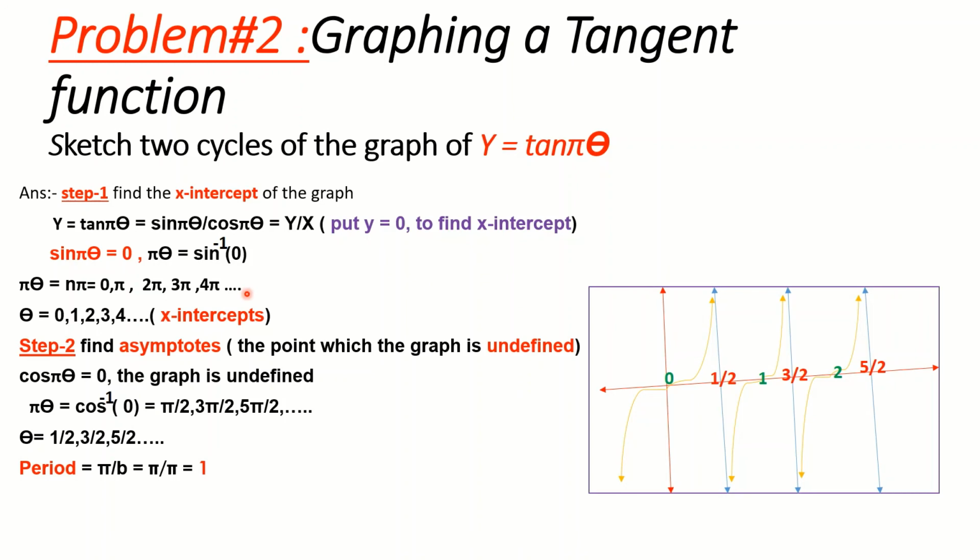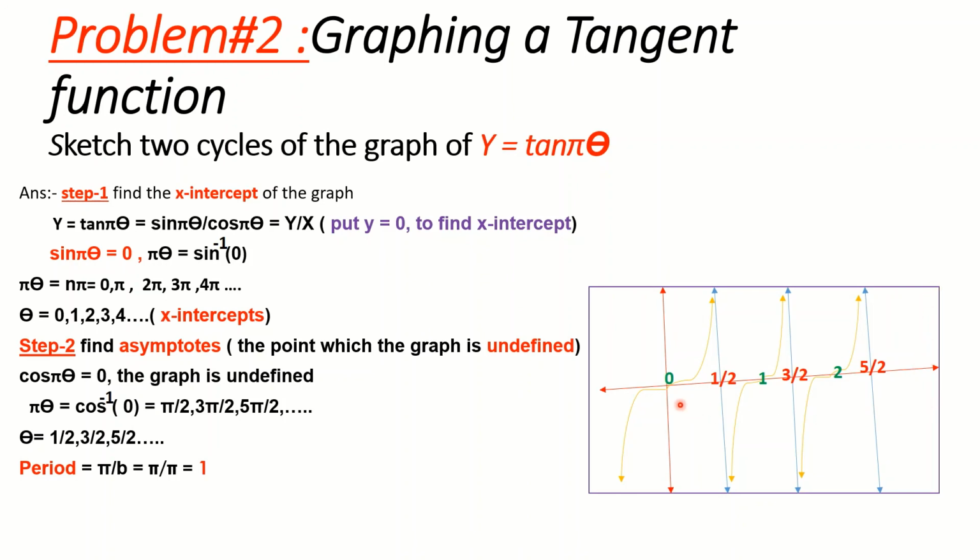The first x-intercept is 0, the second x-intercept is 1, as you can see. Look at these yellow lines. Then the other one is 2, and the next will be 3 here.